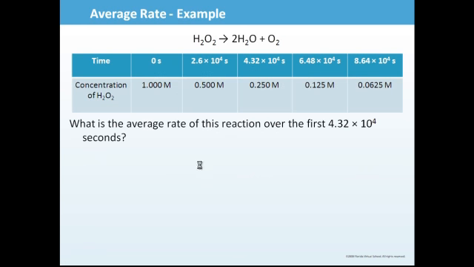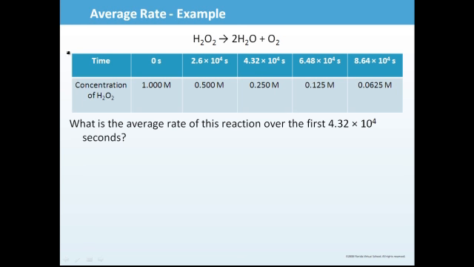Okay, so let's look at an example of how that would work. What is the average rate for this reaction over the first 4.32 times 10 to the 4th seconds? So what they're saying is if we go from 0 to 4.32 times 10 to the 4th seconds, what is the average rate?